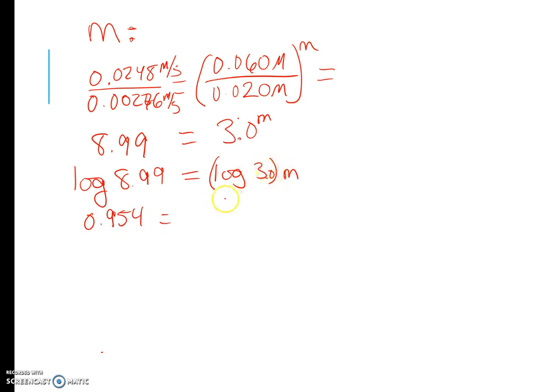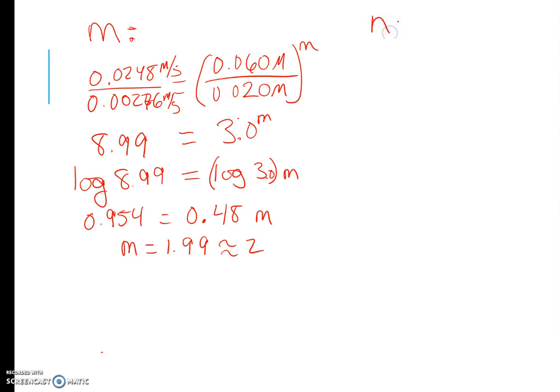Here we have 2 sig figs, so our answer will have 2 decimals. And when we solve, m is equal to 1.99, and we're going to round that to 2 because we're dealing with integers.